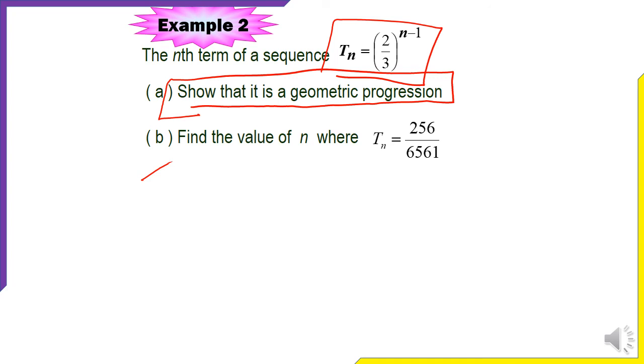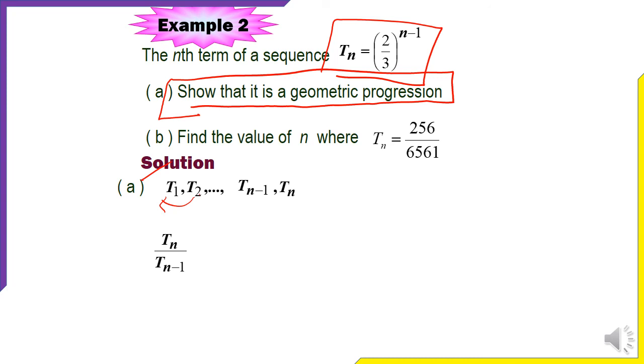So for the first part of this question, we want to show the geometric progression, so we have to show that a common ratio exists for the progression. We know the ratio can be found by dividing a term by the term before it.